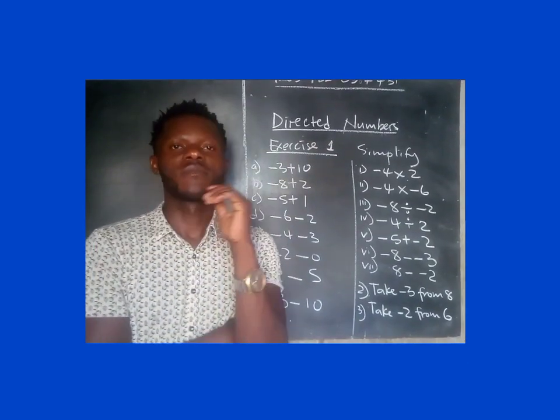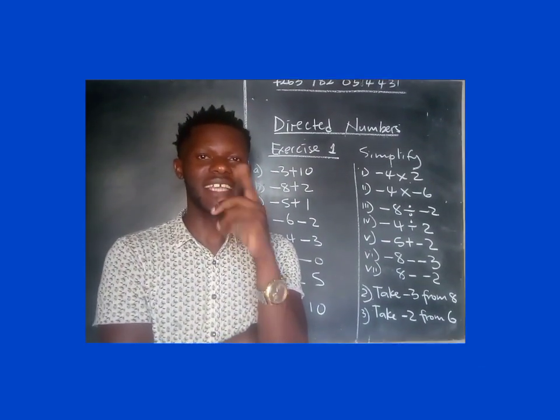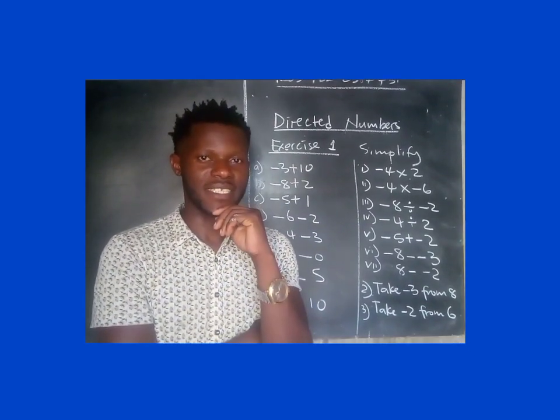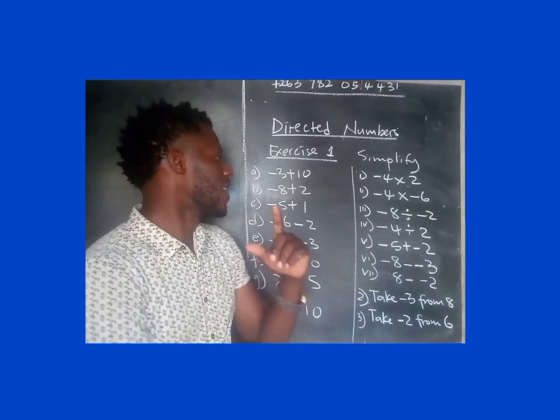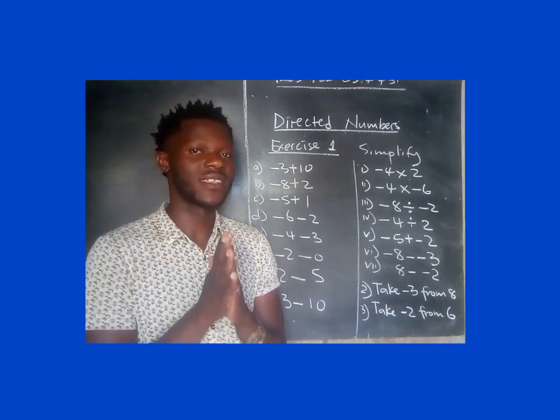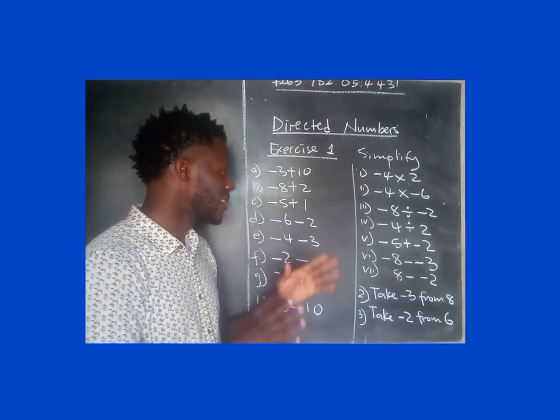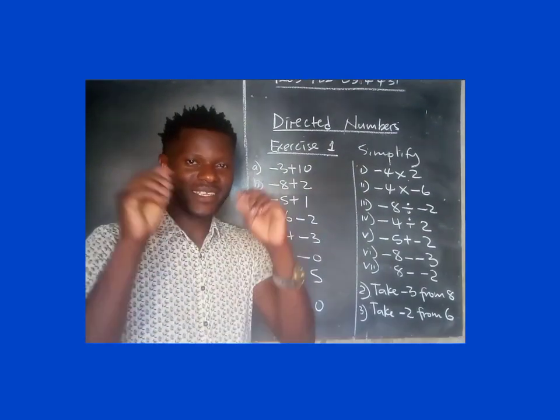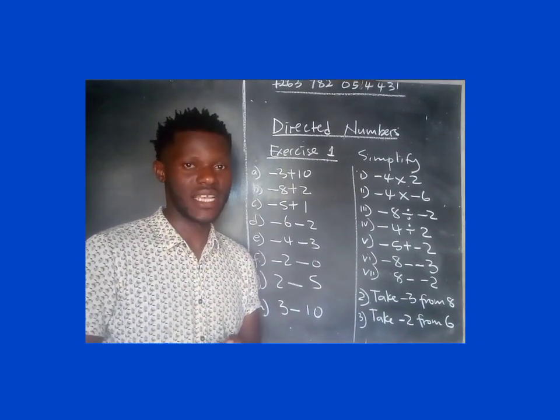After you go through this tutorial about directed numbers, test yourself, check on yourself, go through this exercise. You can pause the video and or screenshot these few questions, then you attempt to answer these questions. Remember one thing, do not practice mathematics using a calculator.